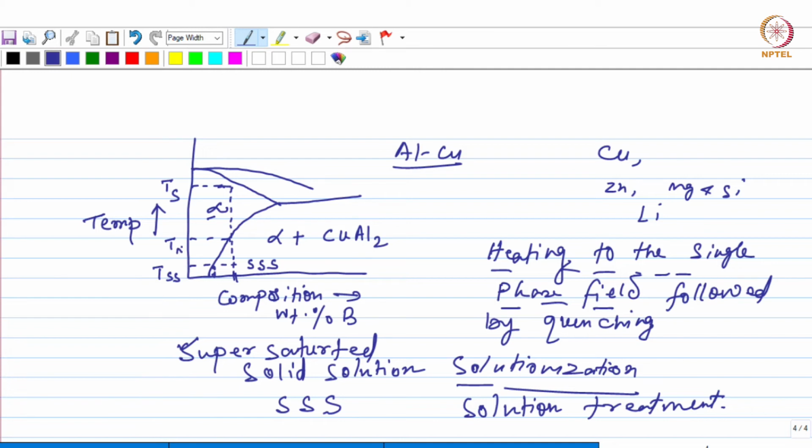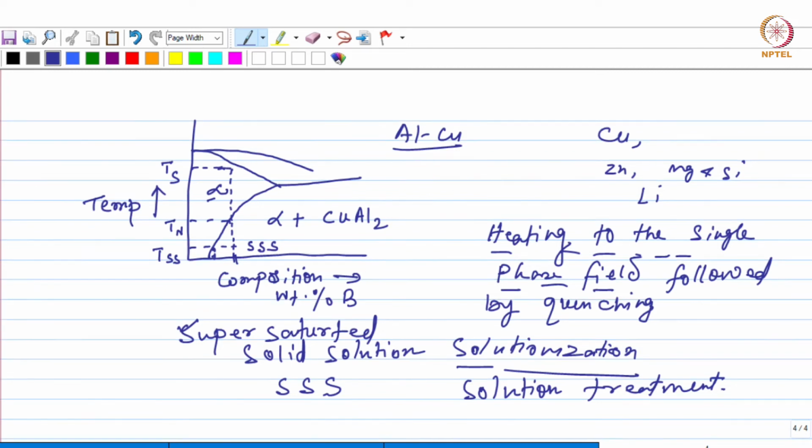Let's call that as Tn, which is the temperature when this will cross the solvus line as you cool it down from the high temperature. Okay. So as it crosses this temperature Tn, if you cool it down slowly, the precipitate will actually form, but it will be a much coarser precipitate, unlike the fast cooling in which the precipitate that you get is much finer. Okay.